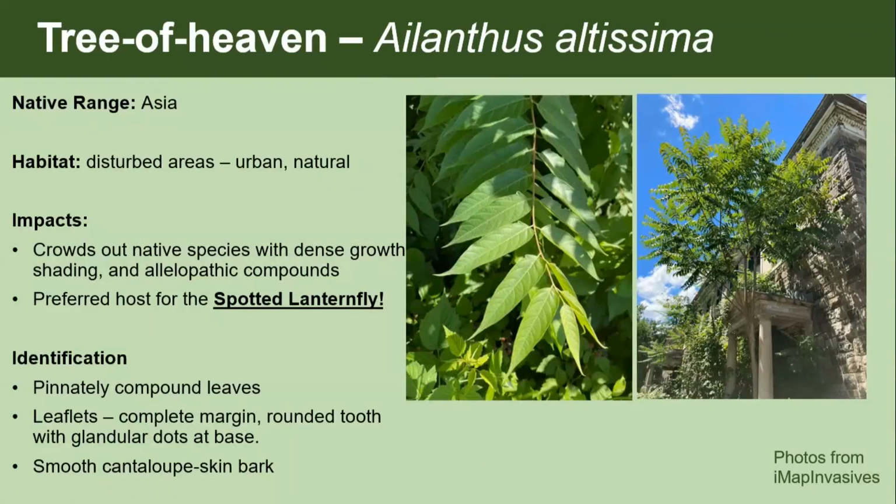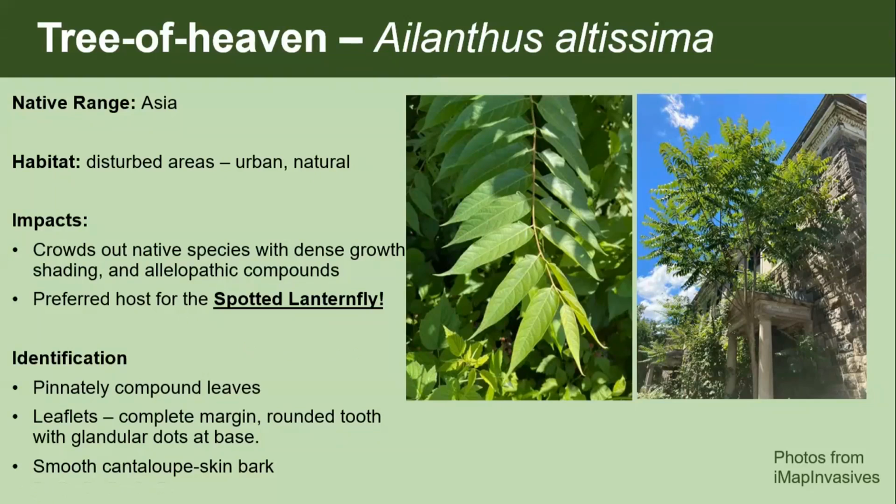And the impacts, one is that it crowds out native species because it grows so dense and shades out other plants and actually puts out compounds into the soil that make it harder for other plants to grow. And the big thing with Tree of Heaven is that it's the preferred host plant for the spotted lanternfly that I was mentioning earlier, which is one of the highest priority invasives in New York State.